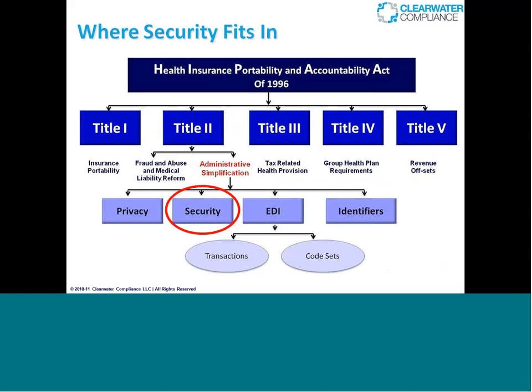I mentioned a moment ago the HITECH Act. Well, HIPAA is not exactly a newsflash. The HITECH Act is somewhat of a newsflash. But in the context of HIPAA, as some of you may recall, it was originally the Kassenbaum-Kennedy bill passed in 1996. It had several titles. Within those titles, specifically Title II, an area called Administrative Simplification.